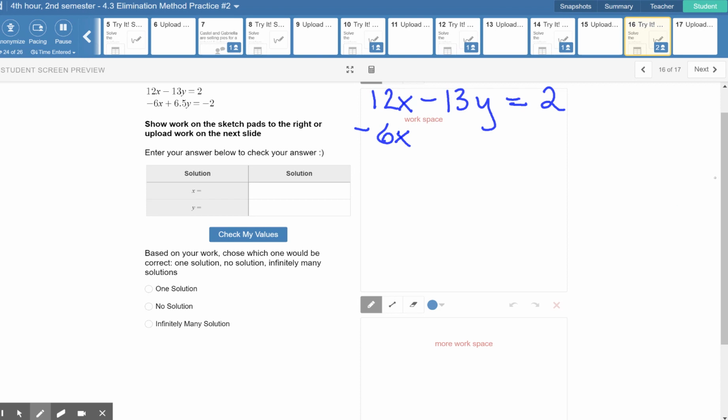I'm sorry, multiply by a positive 2. That would be fine. Because then that would get you a negative 12. So we're going to multiply the first equation by a positive 6, and then multiply the second equation by 12.